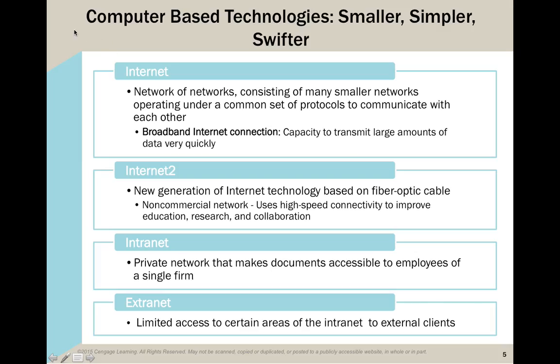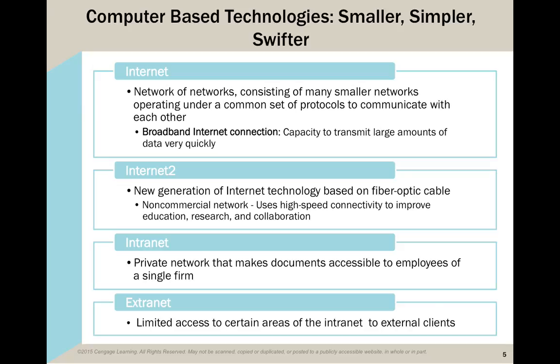As time progresses, computer-based technologies are becoming smaller, simpler, and most importantly, they're becoming faster. We had the first phase of the internet, which is where networks consisting of different groups.